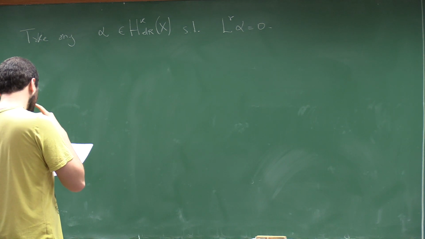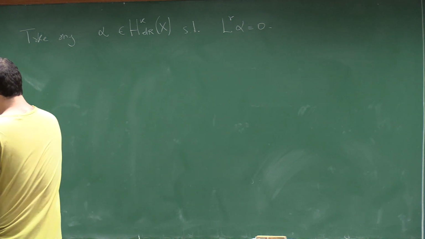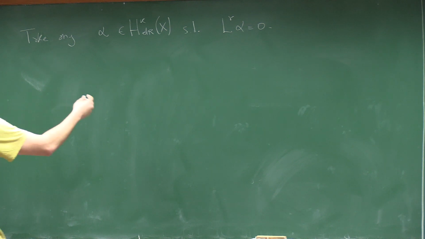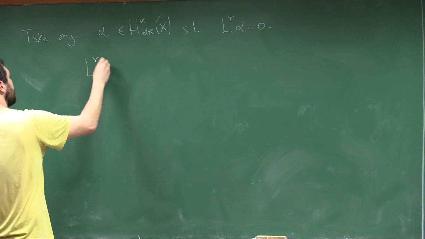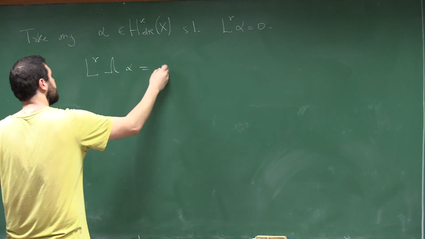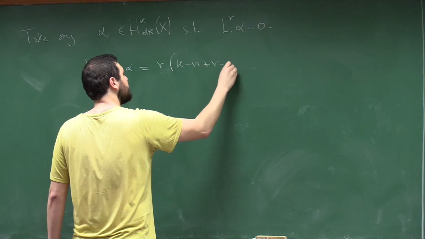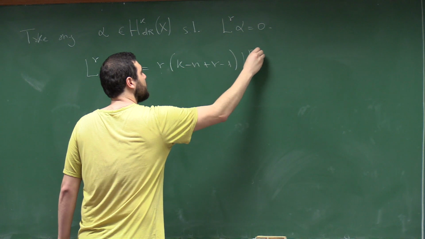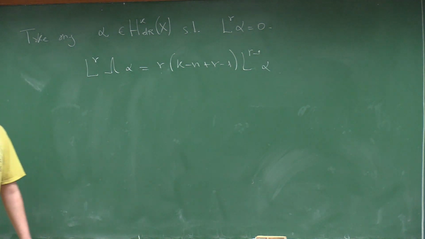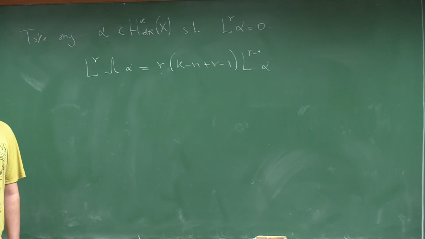So we already know that if we apply this commutator to alpha, we will get the following equation: LR lambda alpha is equal to R times k minus n plus r minus 1 LR minus 1 alpha. But by induction hypothesis, we know that LR minus 1 is injective.